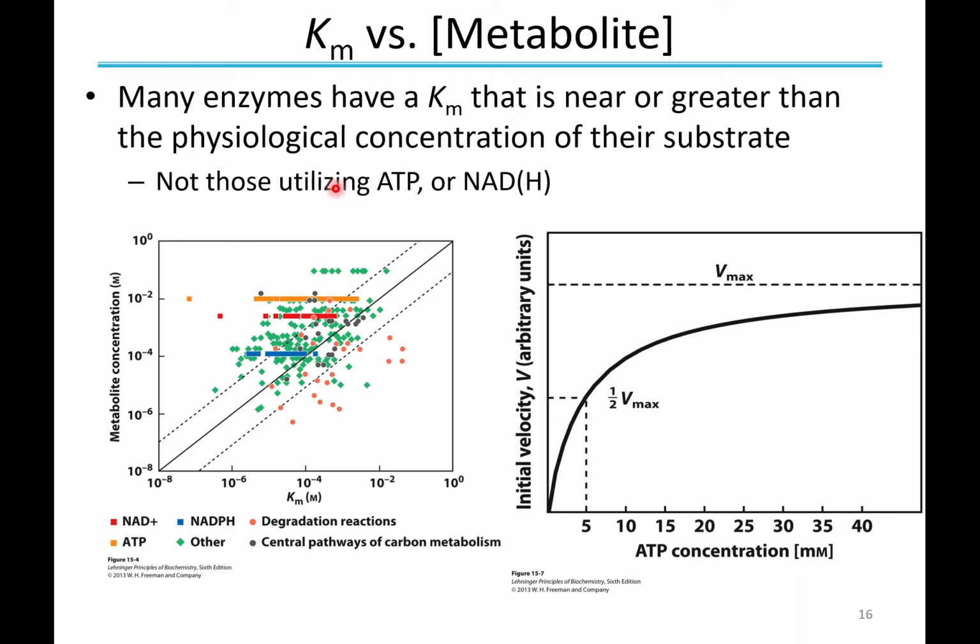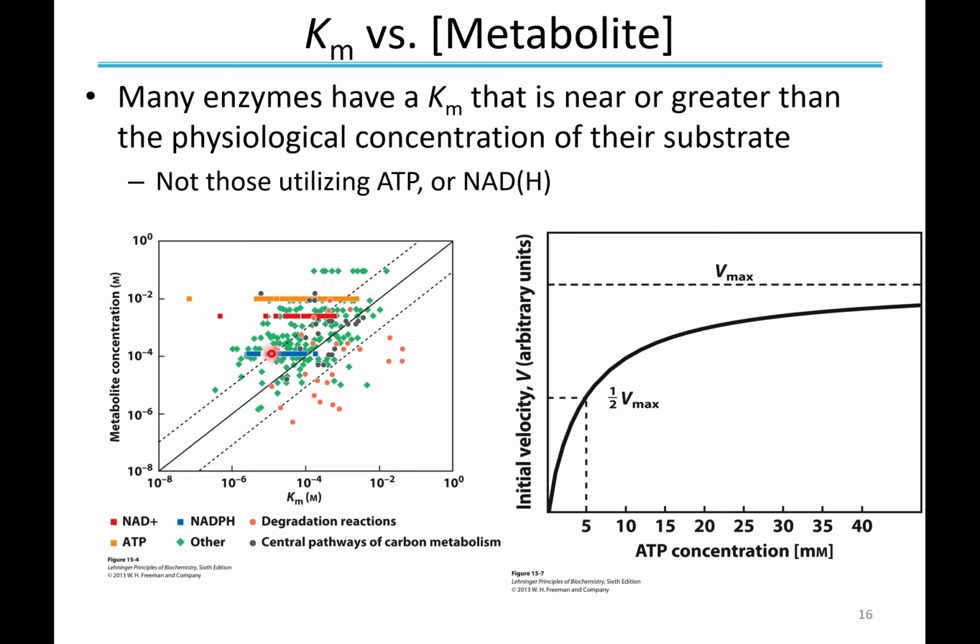But for example, for ATP or NADH, if you look at the plot here, those are the orange squares and red squares and blue squares.